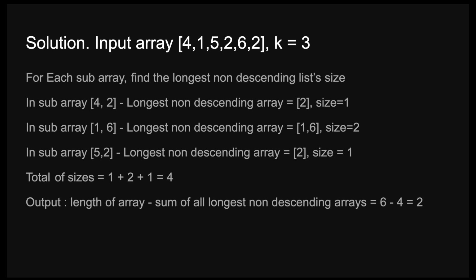At index 2, the subarray is 5, 2 and the longest non-descending array is of size 1. The total of all the sizes is 4. The length of the array is 6. We subtract 4 from 6 and the output is 2. So for this array with k equals 3, we need 2 steps to make it k-increasing.